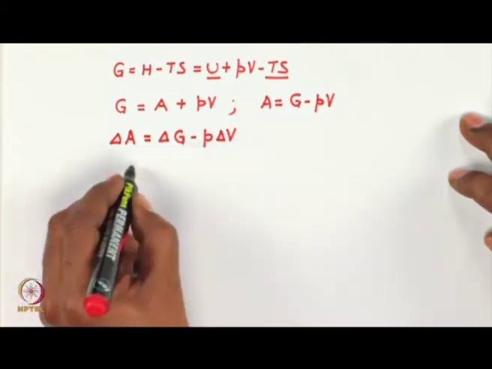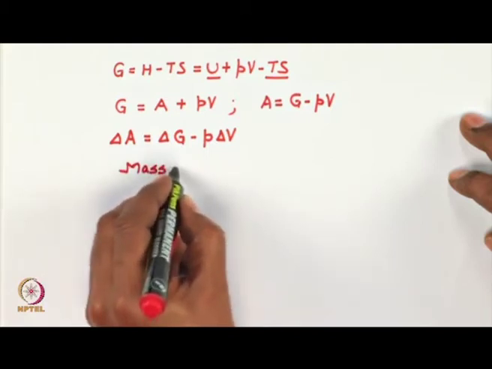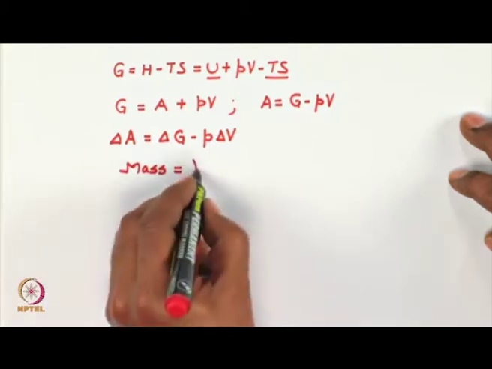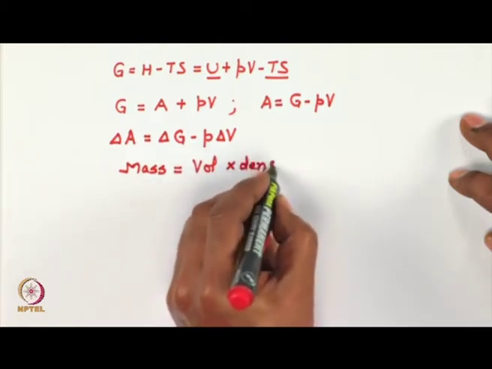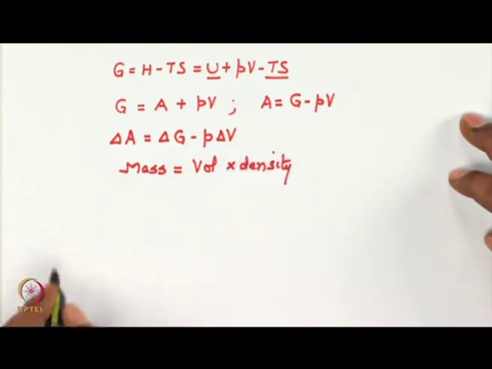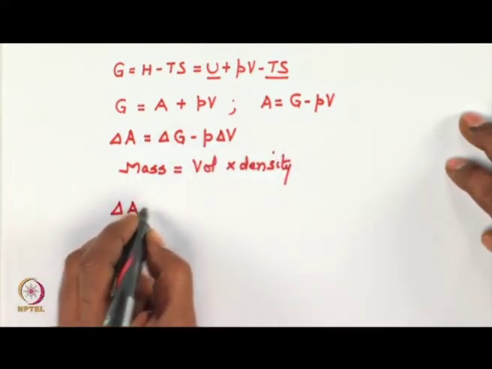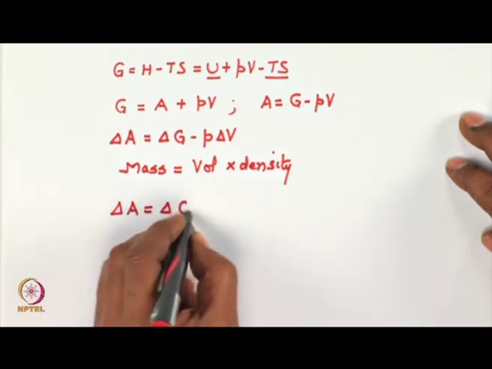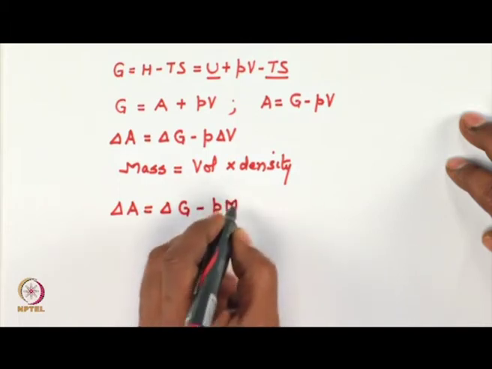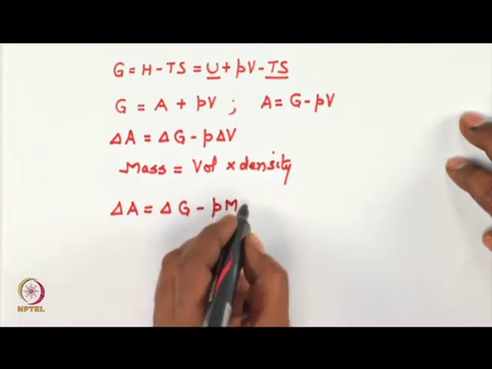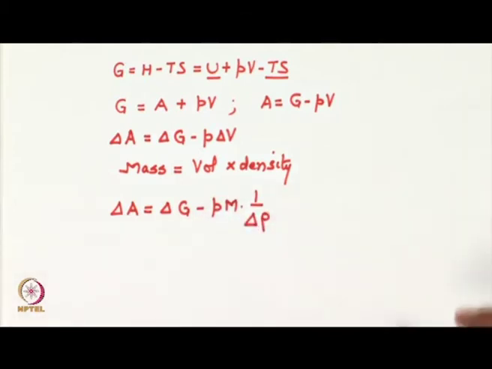And since mass is equal to volume times density, I can now write delta A is equal to delta G minus P. If I know the molecular weight, what I need to know is 1 over delta rho. Delta rho is the density.